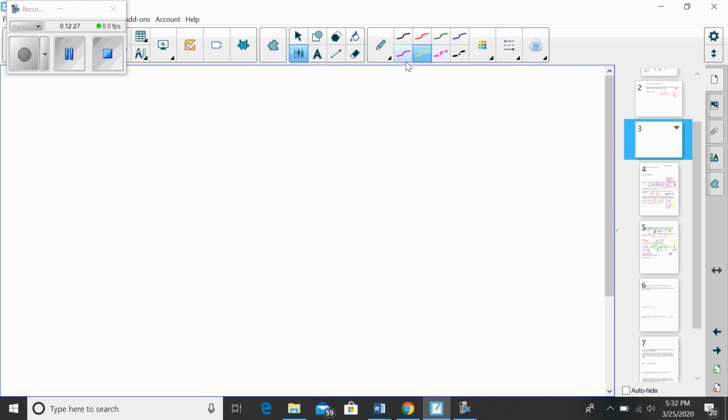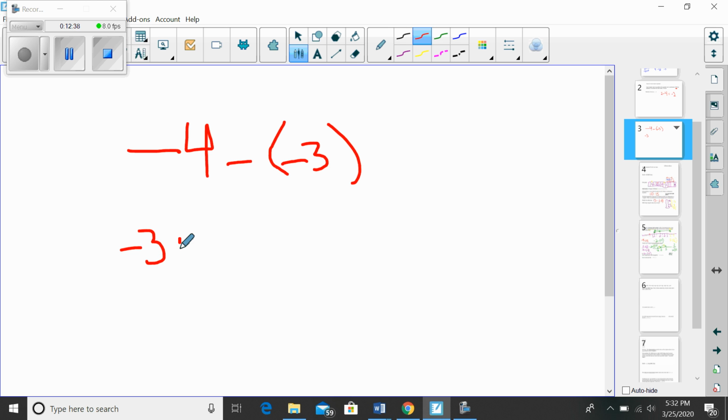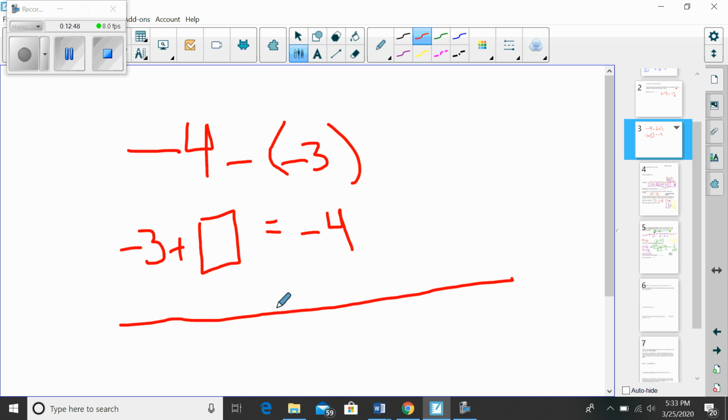So I'm doing the problem -4 minus -3. I start at -3 and I ask, what do I need to add to get up to -4? In other words, what's the difference between -3 and -4 on the number line? Here's -3.